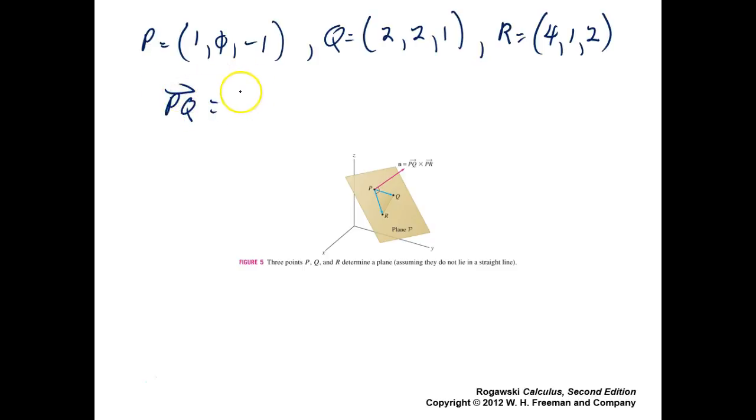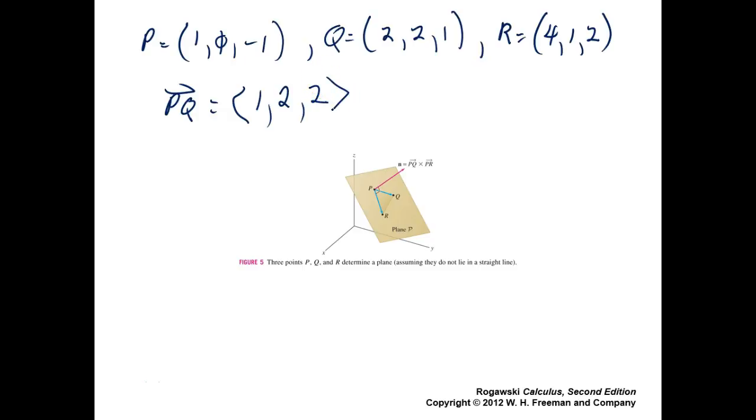What would that be? That's going to be a vector now, because initial point P, terminal point Q. We've done this way back, didn't we? 1, good guess. 2, very good guess. Second, 2.